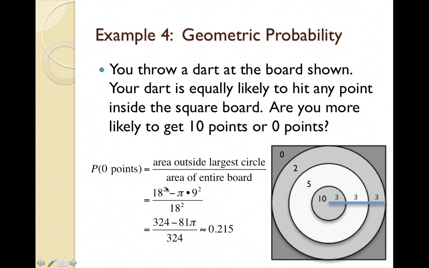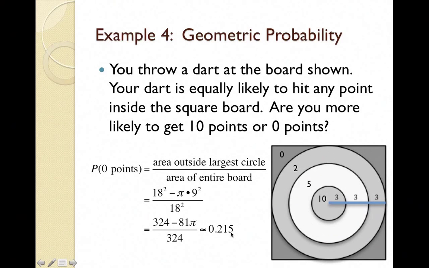So again, the area of the board would be 18 squared. And now my large circle has a radius of 9. So I'm going to subtract from that pi times 9 squared, which is 81 pi. And the area of the entire board is still 18 squared on the bottom. And so when I work this out, I get approximately 0.215.